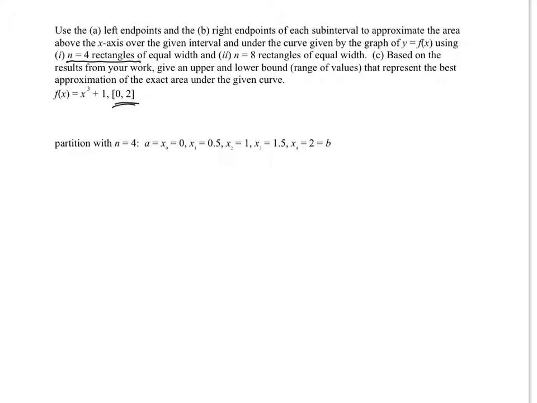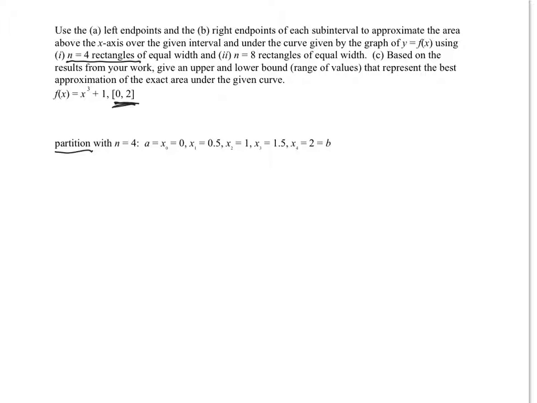Now, in working through this example, we had split 0 to 2 into 4 rectangles. We started with 4. And the formal terminology for that is to partition. We're going to set up a partition of our interval from 0 to 2, and we're going to split that up into 4 parts.